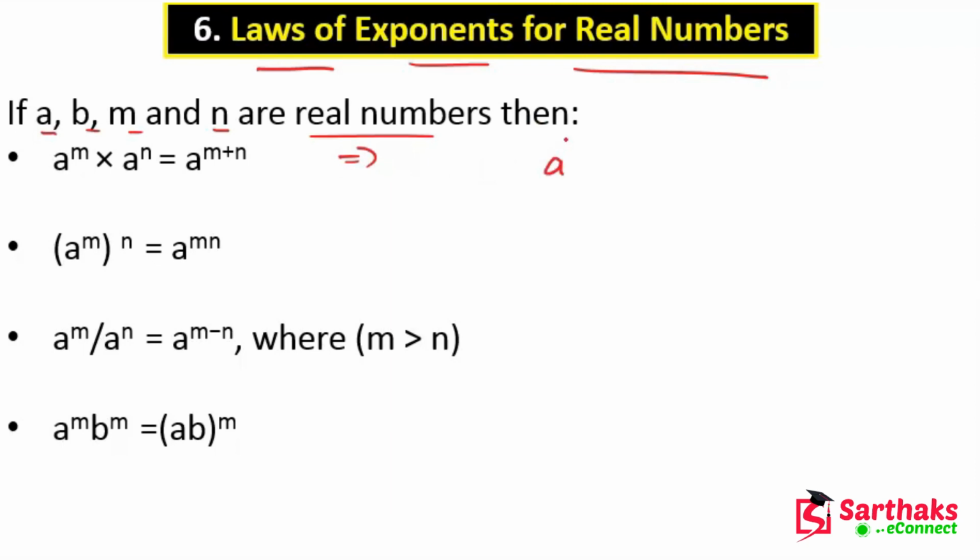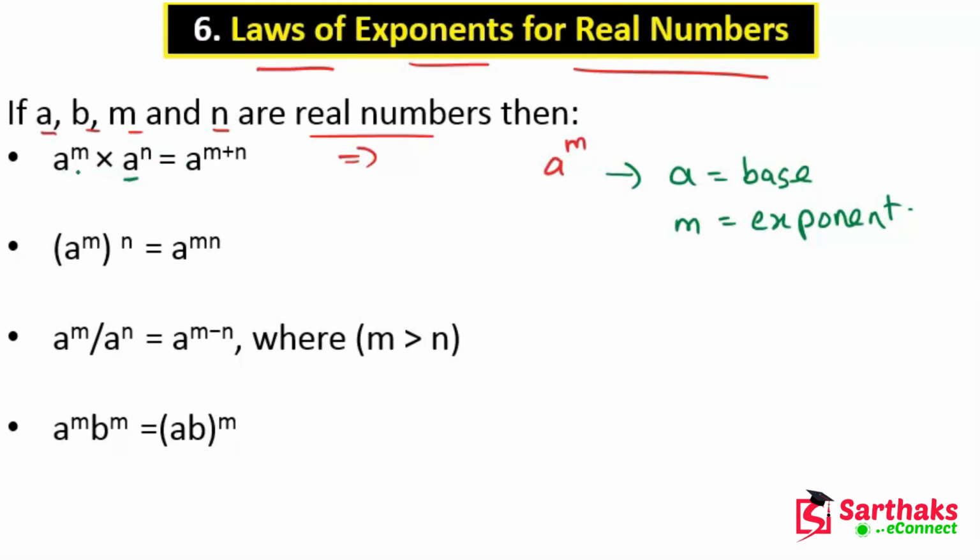In A raised to power M, A is called the base and M is called the exponent. Similarly, in A raised to power N, A is the base and N is the exponent.